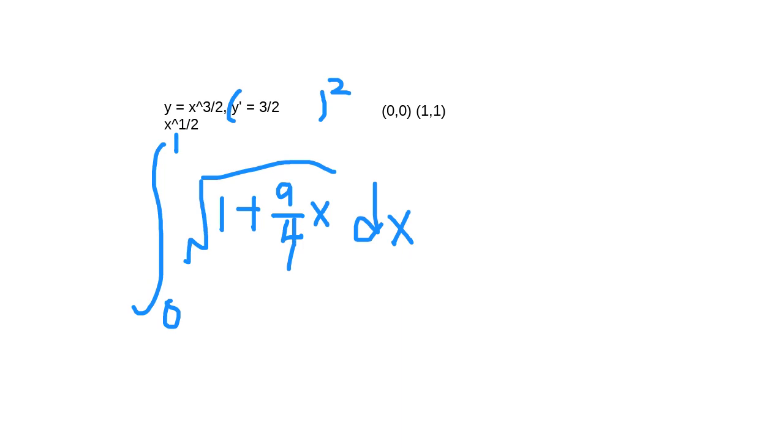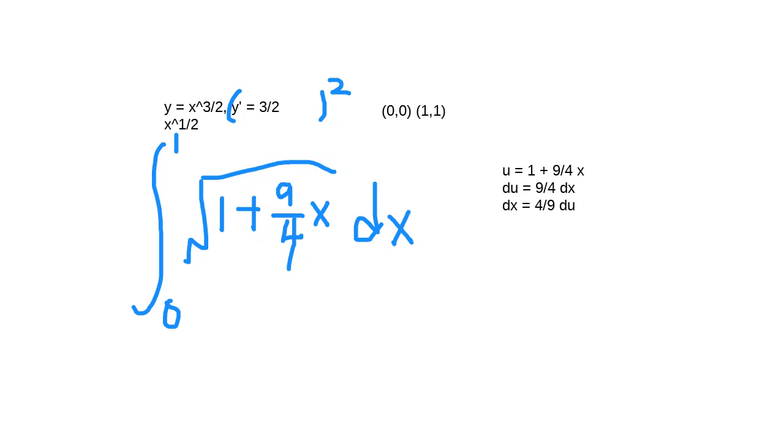Let u equal 1 plus 9/4 x. What's du? du equals 9/4 dx, right? So we can write dx equals 4/9 du. Now we just substitute.